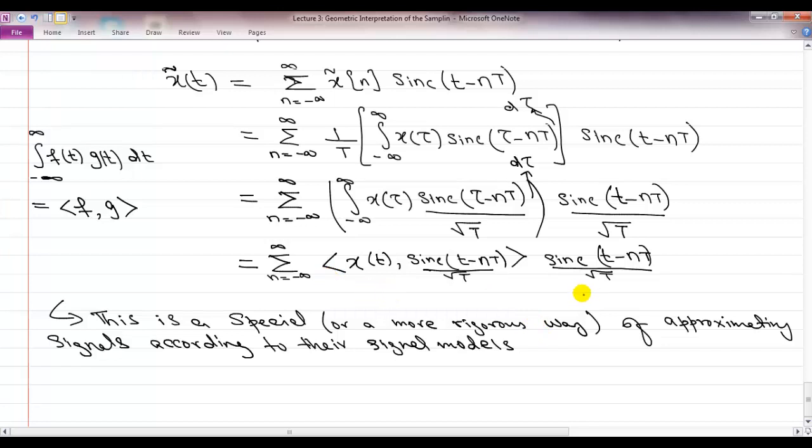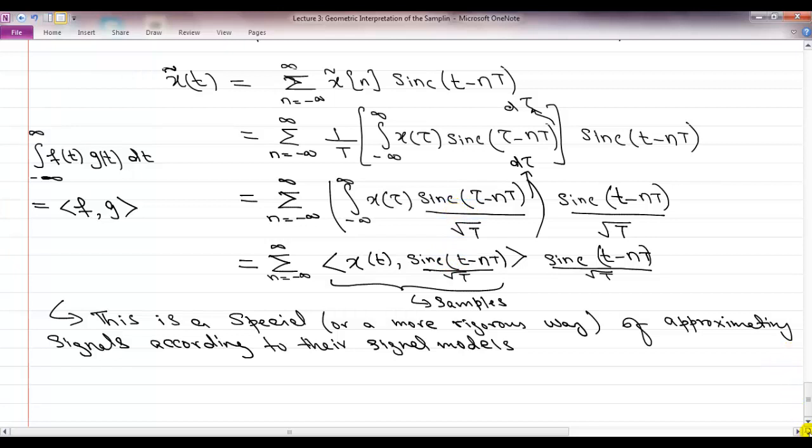And effectively what we will see, if you think about this, these are our samples. This is a scalar quantity, right? This integration is a scalar quantity. And then we generalize the notion of sampling beyond sinc. The only thing we will have to do is just replace this in the integration with some other function.